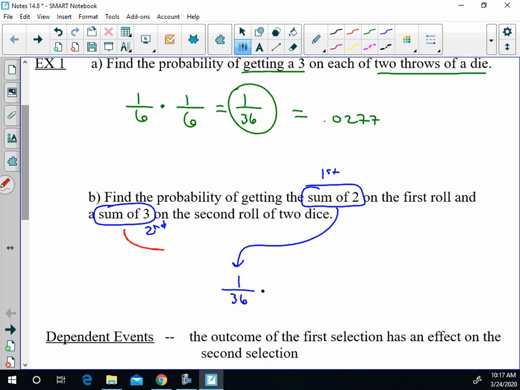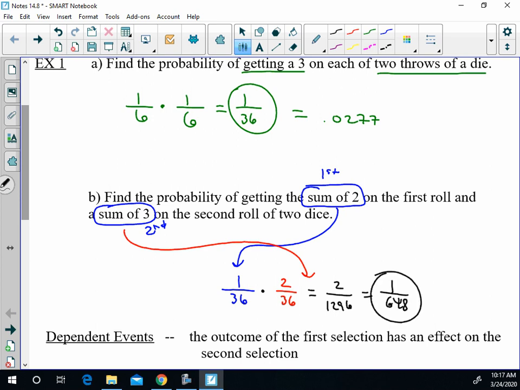Now, to get a sum of 3, if you look at that chart, you can get a 1 and a 2, and a 2 and a 1. That's 2 out of 36. Now we multiply those out, and we get 2 over 1296, which simplifies to 1 over 648.